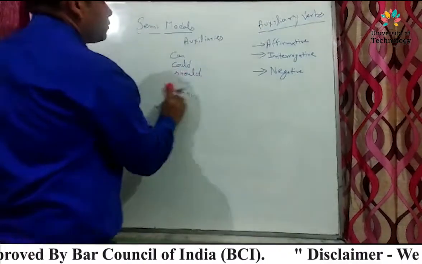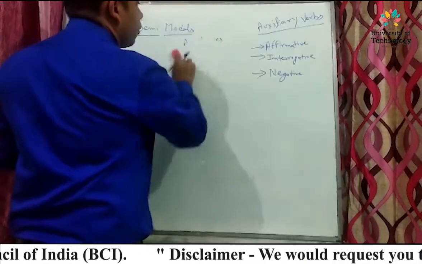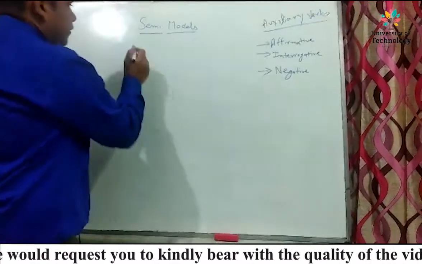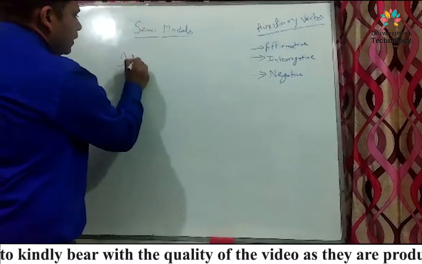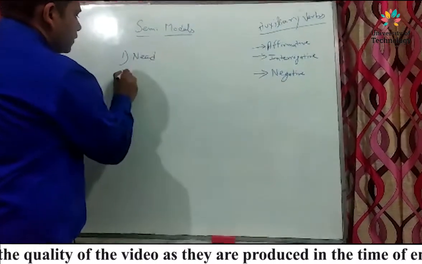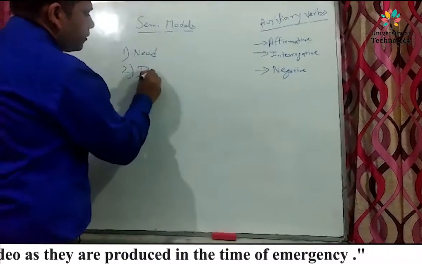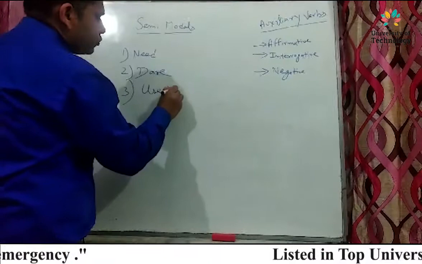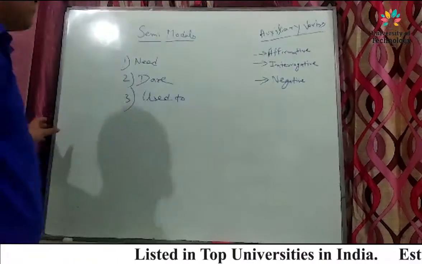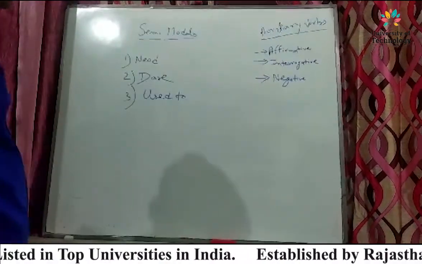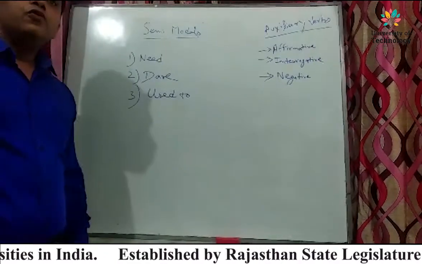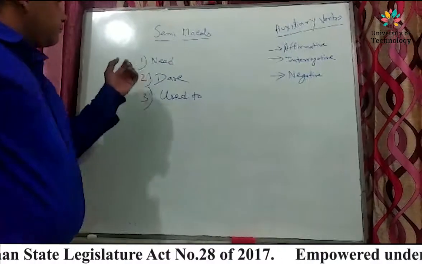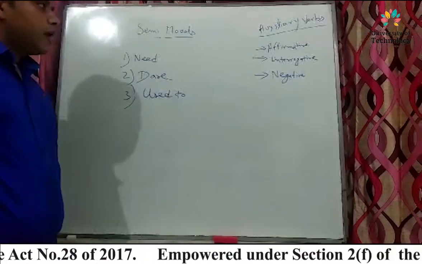Okay, if we talk about semi modals, we will discuss need, second dare, and third used to. Right, first need, second dare, and third used to. We can use need as a modal and as a verb.